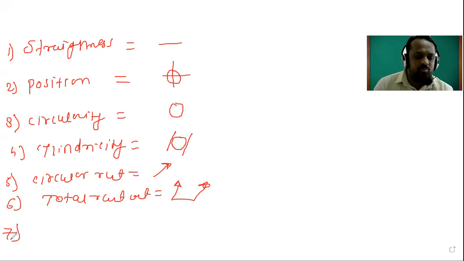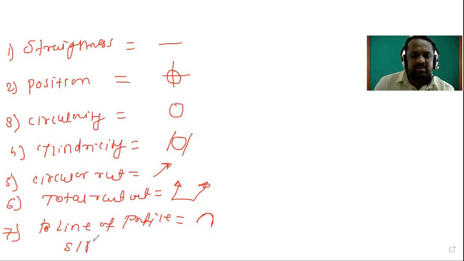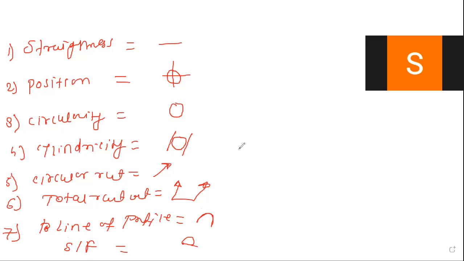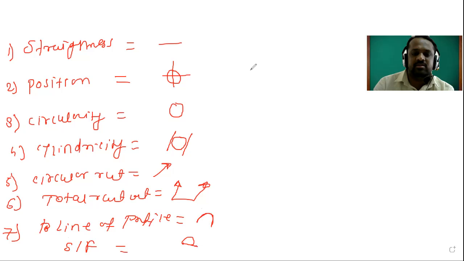Then tell me the symbol for the line of profile. The symbol for the line of profile is just like this. And for the surface profile, it is closed, like this. Then the symbol for the perpendicularity, like this.